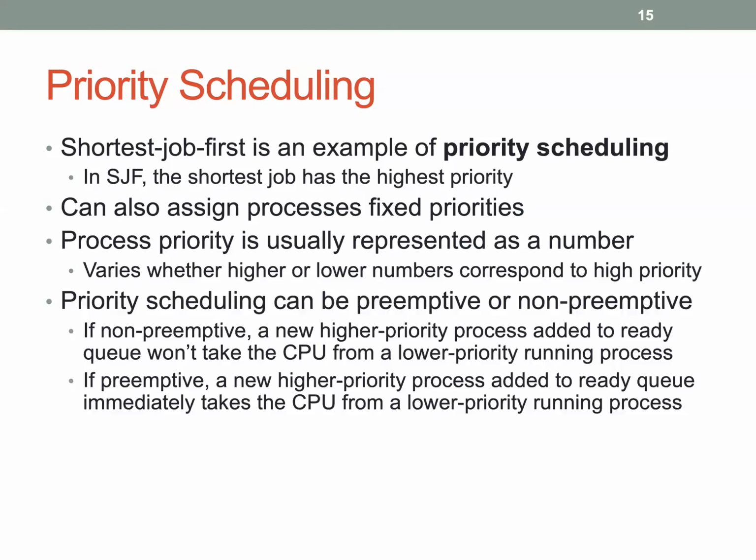Okay. Priority scheduling can be preemptive or not preemptive. You can imagine that if a higher priority process shows up in the ready queue, we could either preempt the currently running process if it's a lower priority, or we could leave it on until it's finished doing its thing. Generally, we enforce preemption when we want to minimize the latency of high priority tasks.